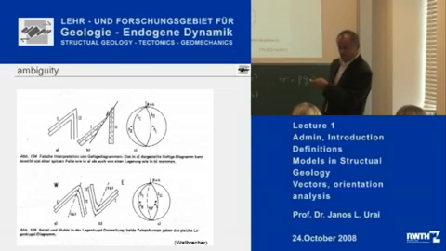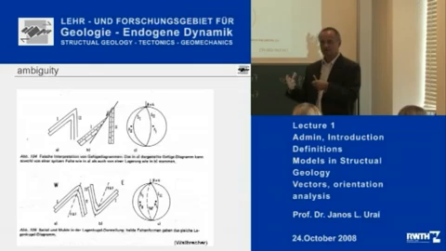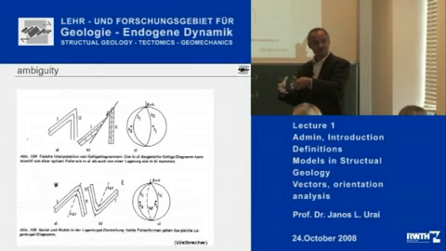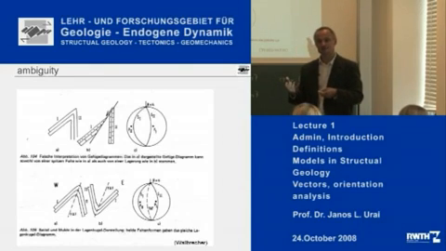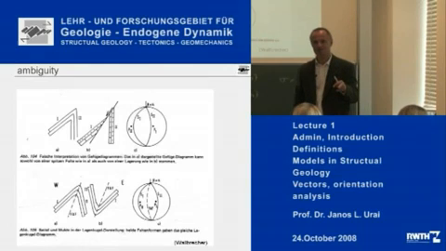So this structure here and this structure will give you exactly the same stereo net data. By putting it in a stereo net, you gain a certain amount of information, but at the same time you lose the spatial information.